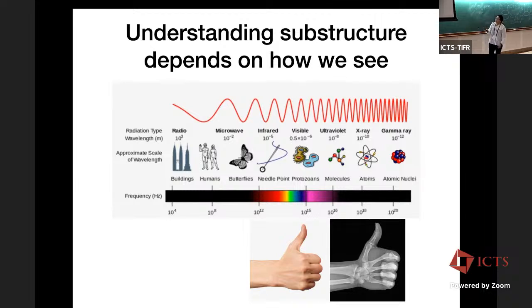If I have my hand here, or some ankle injury, and I want to look at what's going on underneath the skin, what do you do? You go get an X-ray scan, right? So you use a very short wavelength probe to look at smaller-scale objects.